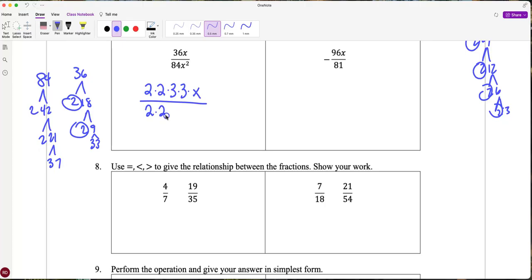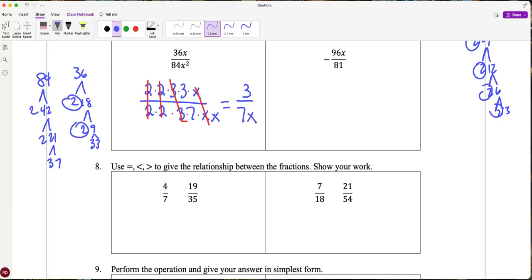So 2 times 2 times 3 times 7 times x times x. So 2 over 2 is 1, 2 over 2, 3 over 3, x over x. This final answer is 3 over 7x.